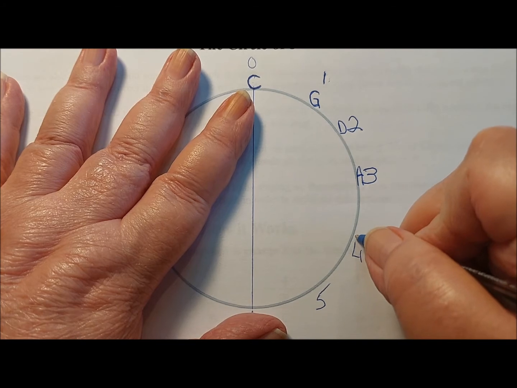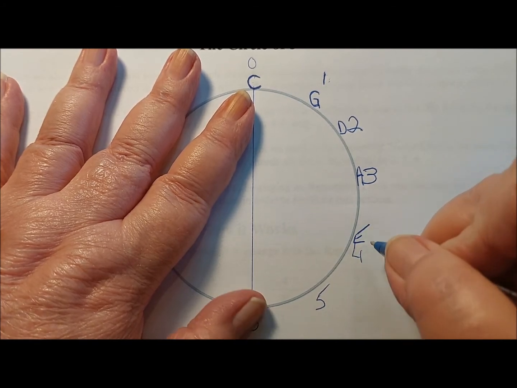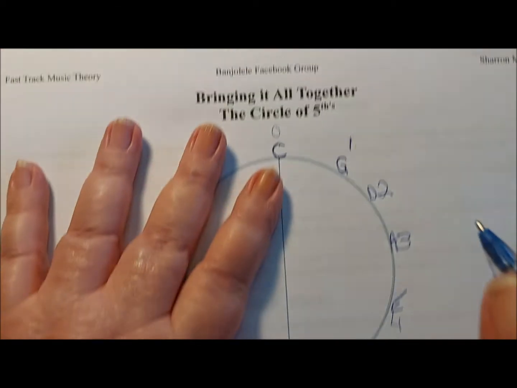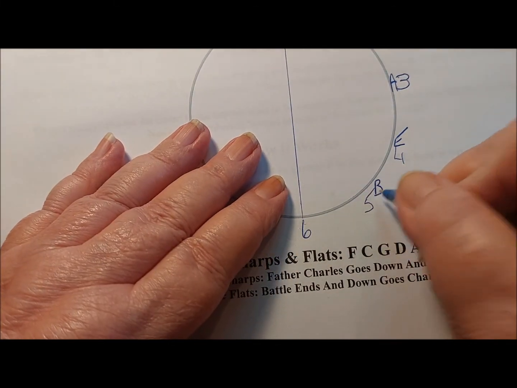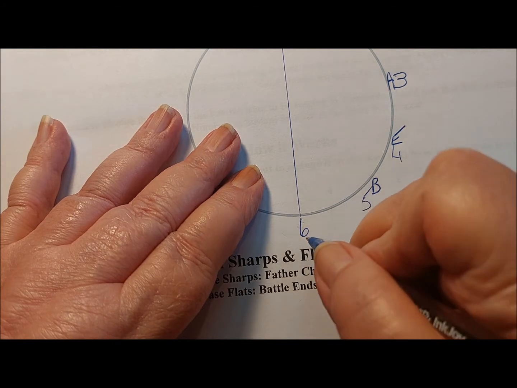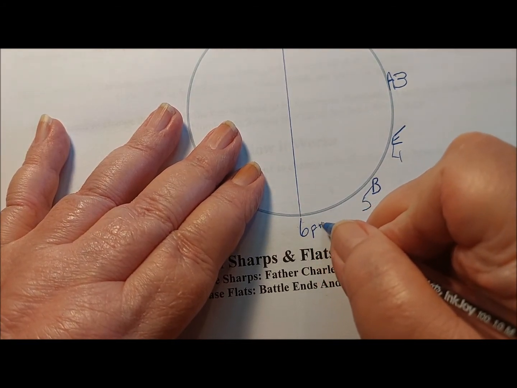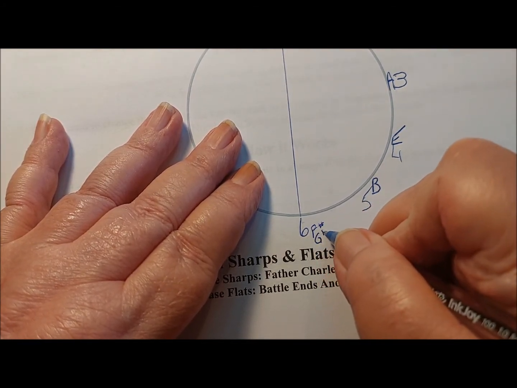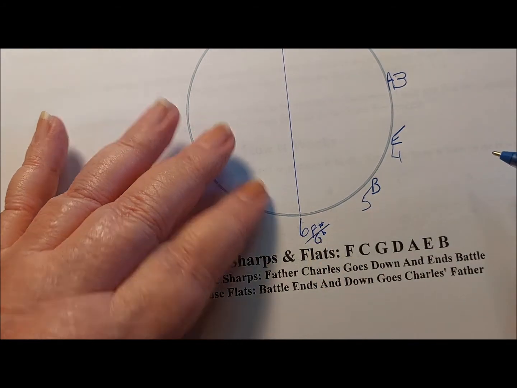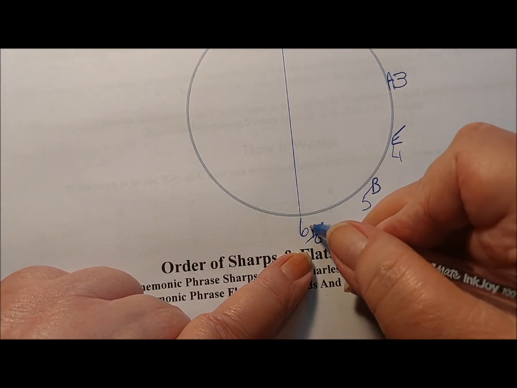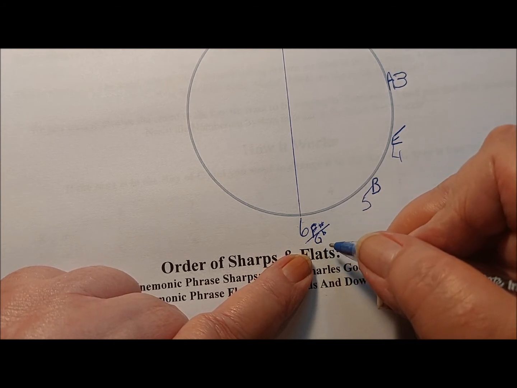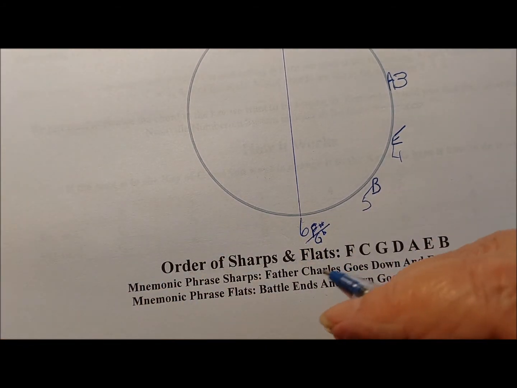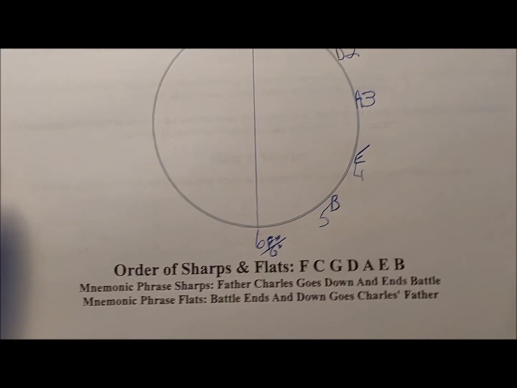Then we have E. Then we have B. Then we have F sharp or G flat. Because remember, they're enharmonic. So your F sharp scale is going to be the exact same as your G flat, except you're going to be calling them flats instead of sharps.